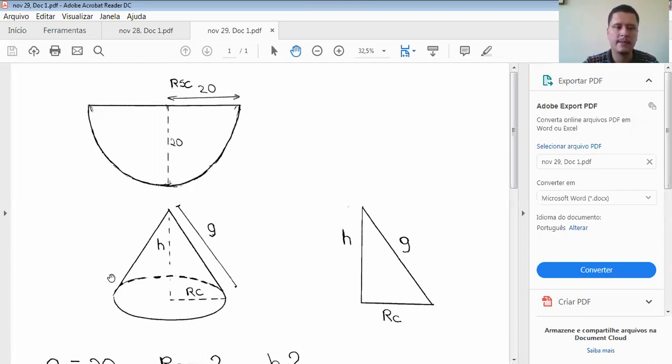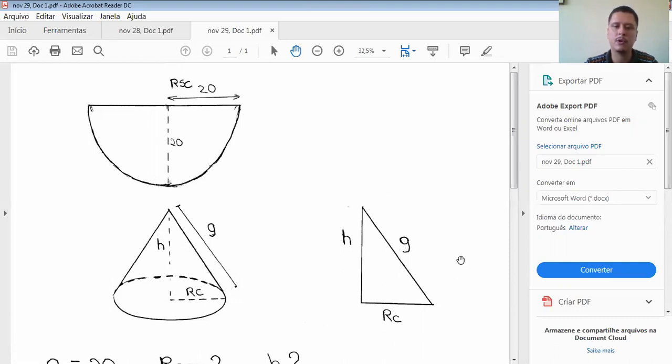If you look at this cone, it's very easy to see that h, which is the height of the cone, is the variable that we're trying to find. The g is the slant height, and the rc is the radius of the cone.